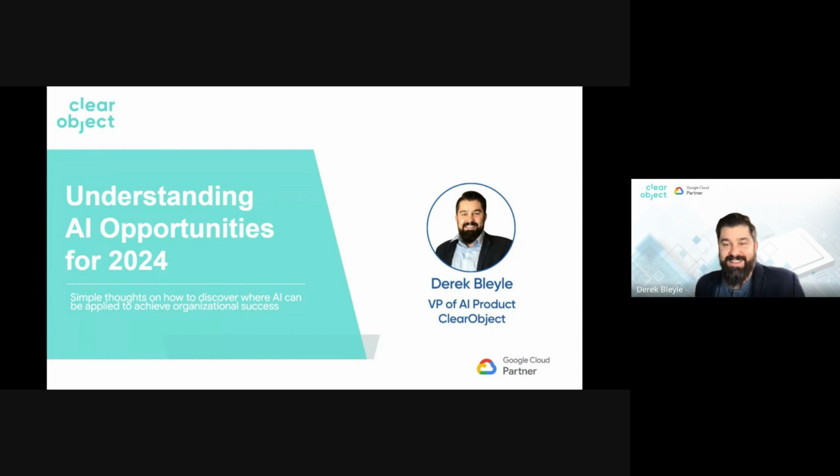So I like them. I'm going to try to focus on the second half here, really about how customers can think about your AI opportunities in 2024, how to frame where your opportunities really lie in delivering value.